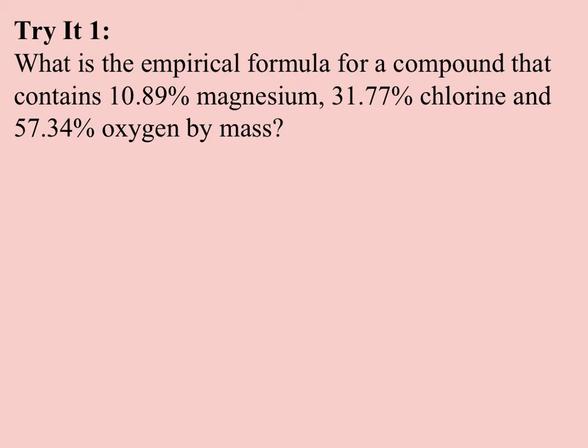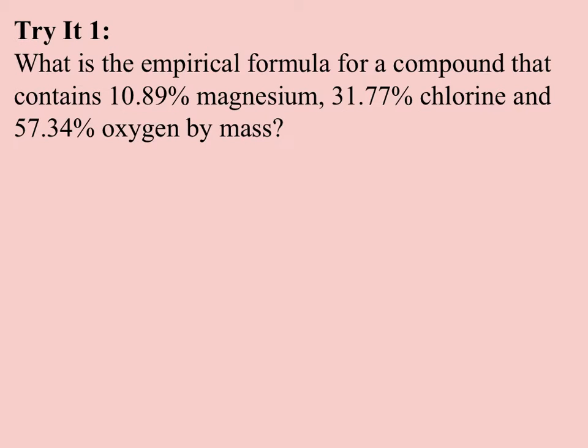And when I do that, Mg, of course, is going to become 1. Make that one a little more obvious. Cl, 0.896 divided by 0.448 is going to come out right on the money with 2. And oxygen, 3.584 divided by 0.448 comes out exactly to 8.